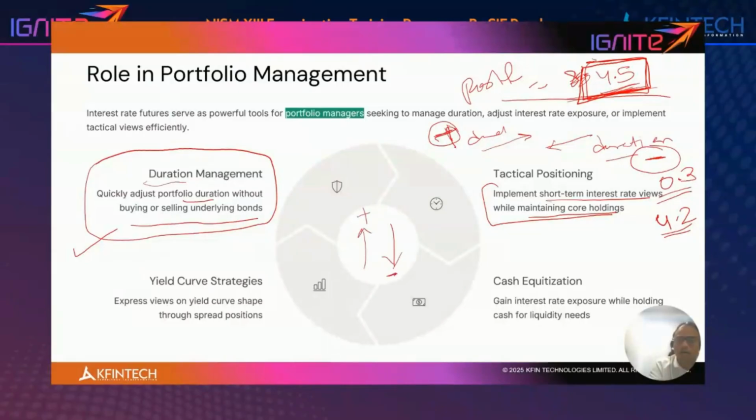You want to benefit from this without touching your core portfolio. So you don't want to touch your core portfolio because this looks like a sensible portfolio from a long-term perspective, but you want to benefit from the short-term movement of the interest rate. So you can enter into futures and take a short-term trade and benefit from that. So that's called tactical positioning.